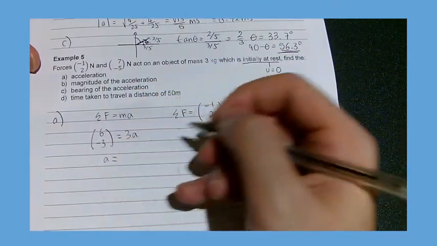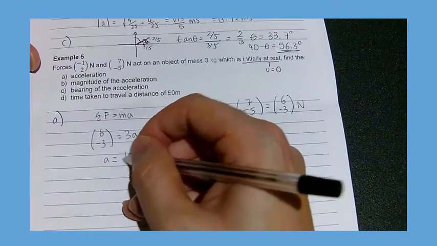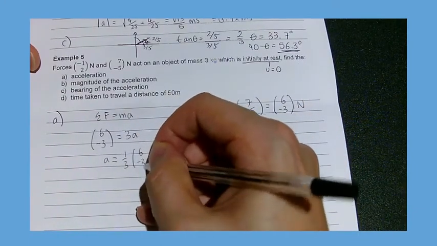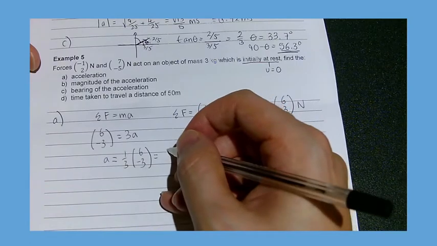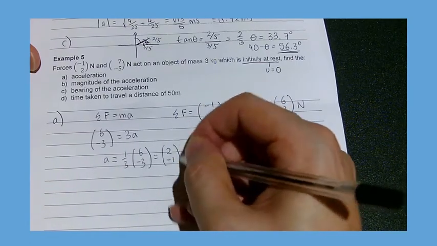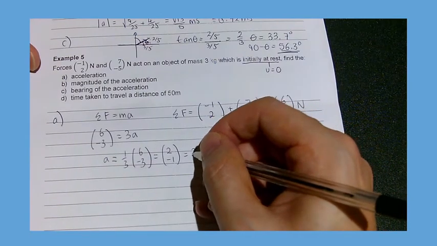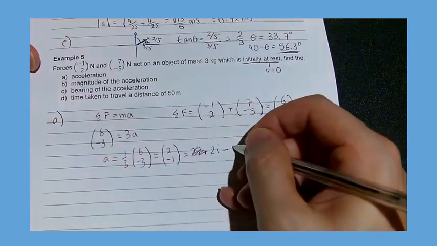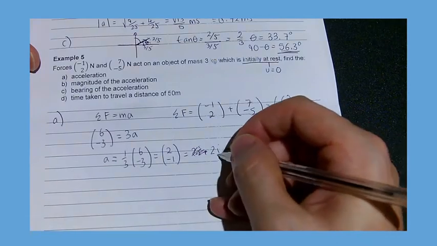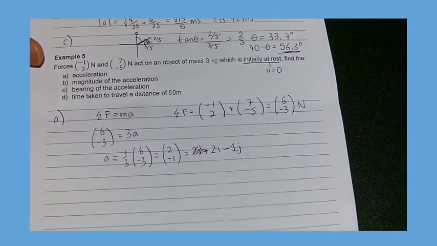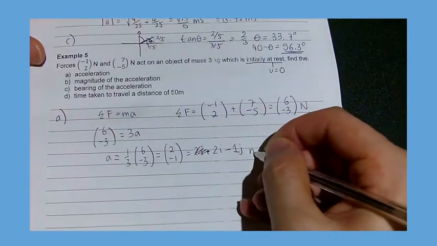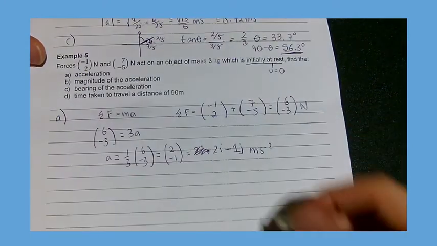Therefore the acceleration vector will be a third of 6 minus 3, which will be 2 minus 1, which you can write as 2i minus 1j. Okay, so that's the acceleration as a vector, meters per second squared.